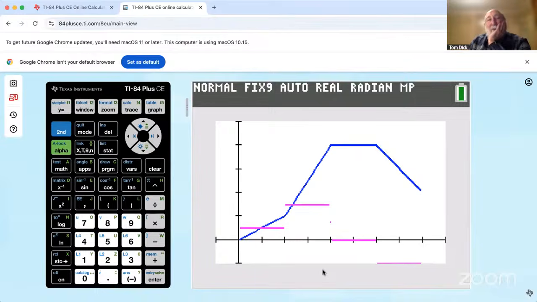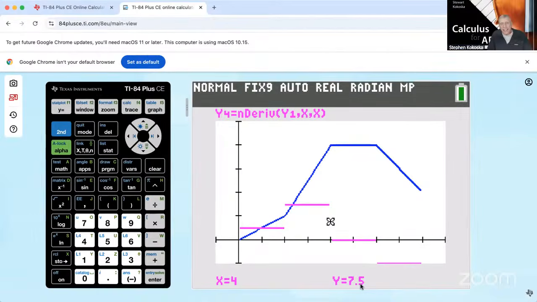That all said, we might want to trace what actually happened at those sharp points. So I'm going to go ahead and turn on the trace, and I'm going to up arrow to get onto the, looks like, I guess, magenta or pink curve. That's what it looks like to me. And look at that. It actually comes up. 4 was right in the center of the screen, and that's also where one of those sharp corners is at. And look at that. That Y value there is supposed to be the slope of the blue curve at 4.